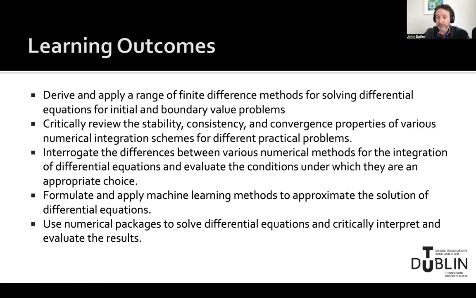Formulate and apply machine learning methods to approximate the solution of differential equations. And once again, throughout there are numerical methods. This terminology, stability, consistency, and convergence, is very numerical analysis terminology. But actually, we will talk a bit about that when we start talking about machine learning methods.